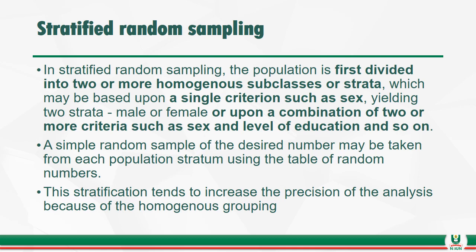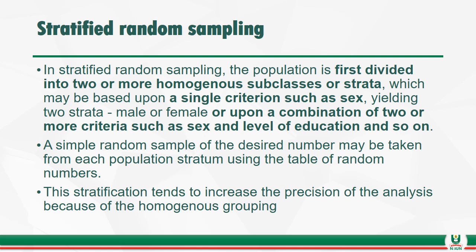Stratified random sampling. In stratified random sampling, the population is first divided into 2 or more homogeneous subclasses or strata, which may be based upon a single criterion such as sex, yielding two strata, male and female, or upon a combination of two or more criteria such as sex and level of education, and so on.